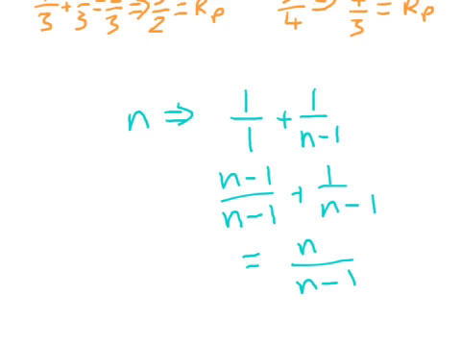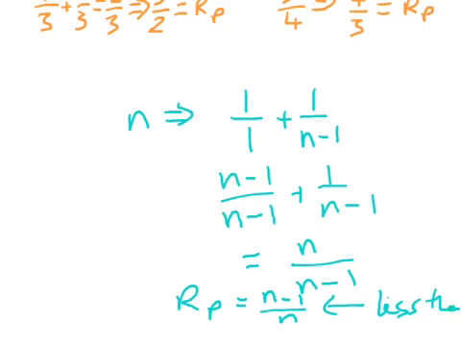Okay, anyway, in any case, this means when you flip it, when you take the inverse, because Rp, remember, is the inverse of this, it is going to be n minus 1 over n. That's always going to be less than 1. So it's always going to be less than 1. So that's always going to give you your smallest resistance.